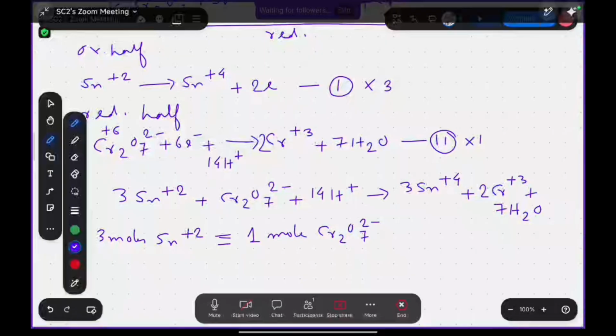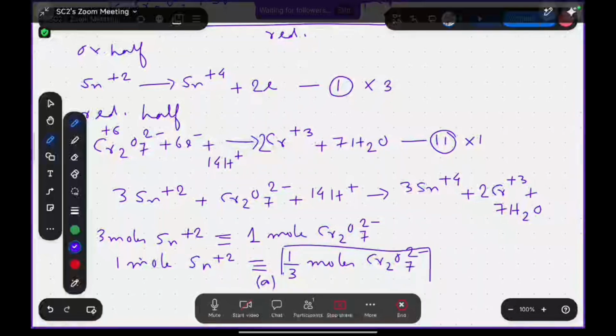That means for 1 mole of Sn plus 2, we get 1 by 3 moles of dichromate. I have shown you the question already. The correct option is option A, 1 by 3 moles of dichromate is reduced by 1 mole of Sn plus 2.